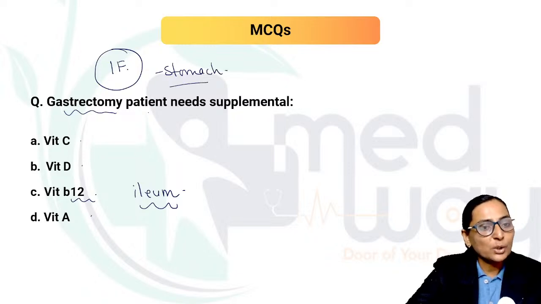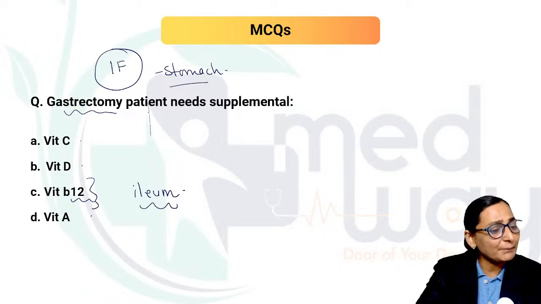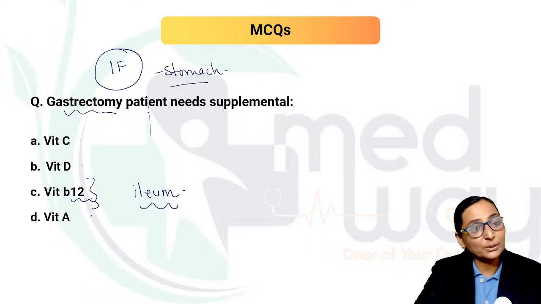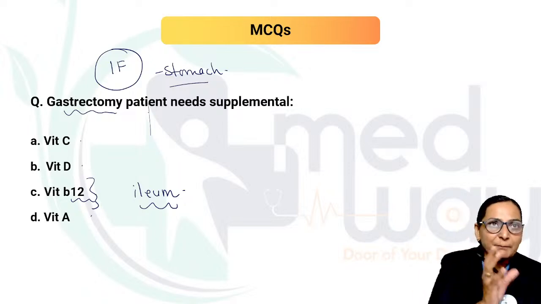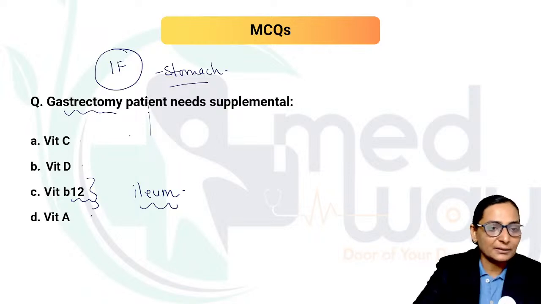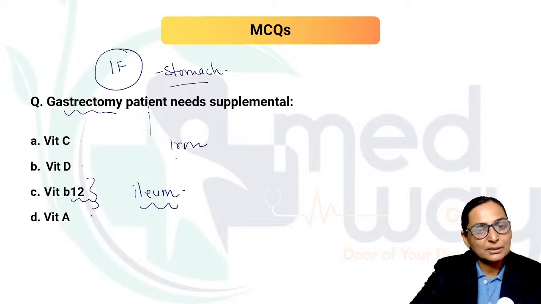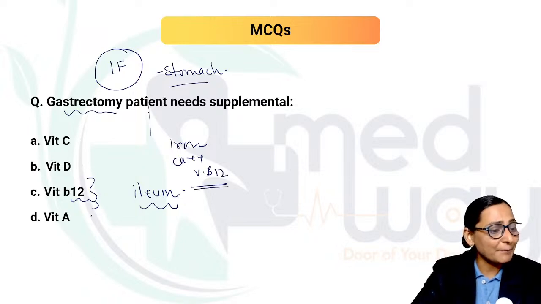Because of the deficiency of the intrinsic factor, there is failure of absorption of vitamin B12, and therefore vitamin B12 supplementation has to be given with gastrectomy. So, absorption of vitamin B12, calcium and iron must be studied. Calcium, iron and vitamin B12 are important areas for questions.